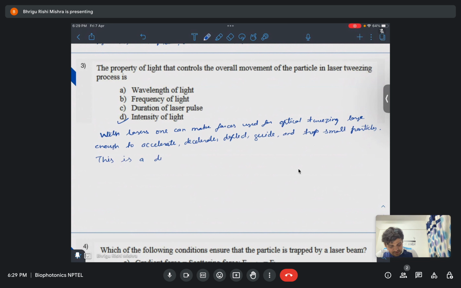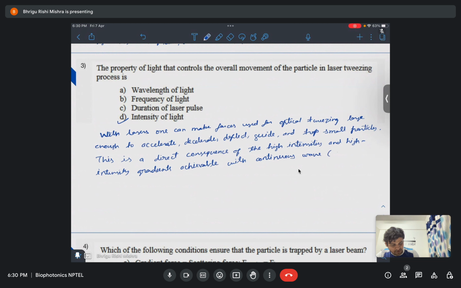This is a direct consequence of the high intensities and high intensity gradients achievable with continuous wave coherent light beams.